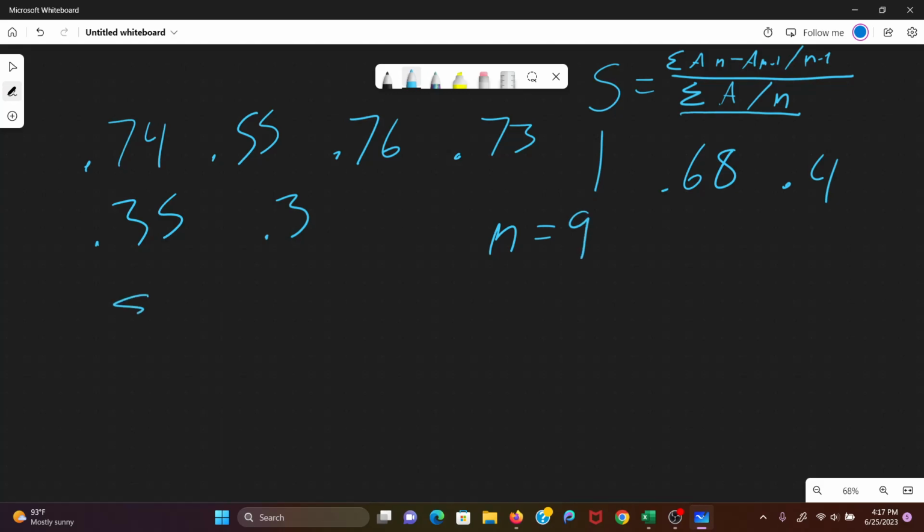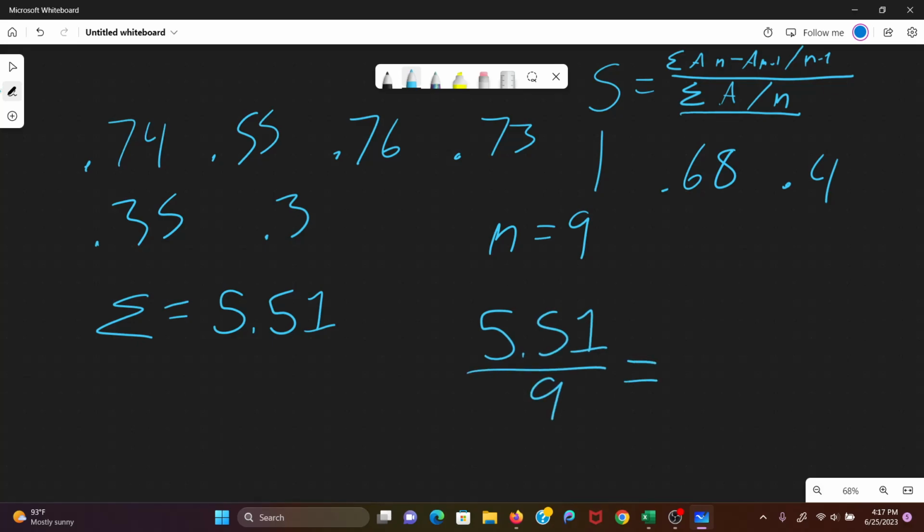The first thing we're going to do is add all of these together, and that is 5.51. All right, and then to get the full denominator we're going to divide 5.51 by 9, which gives us 0.61222 repeating.